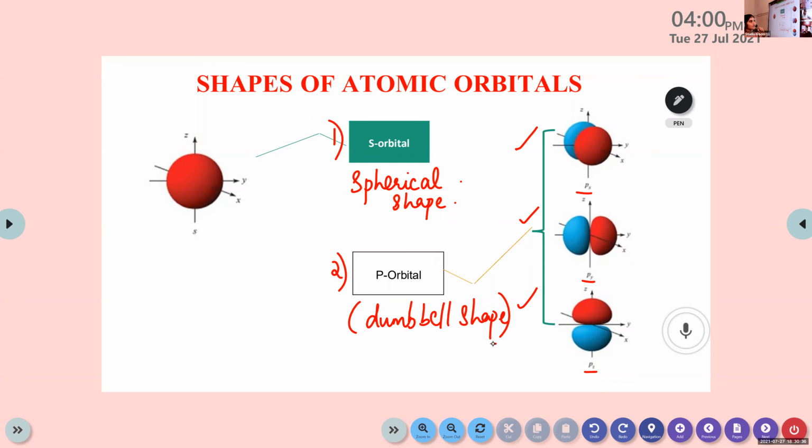There are 3 types of axis: x-axis, y-axis, z-axis. If you draw 2 lobes in the x-axis, it is px. In the y-axis, it is py. In the z-axis, it is pz. So there are px, py, and pz orbitals, and this is the boundary surface diagram of the p orbital.